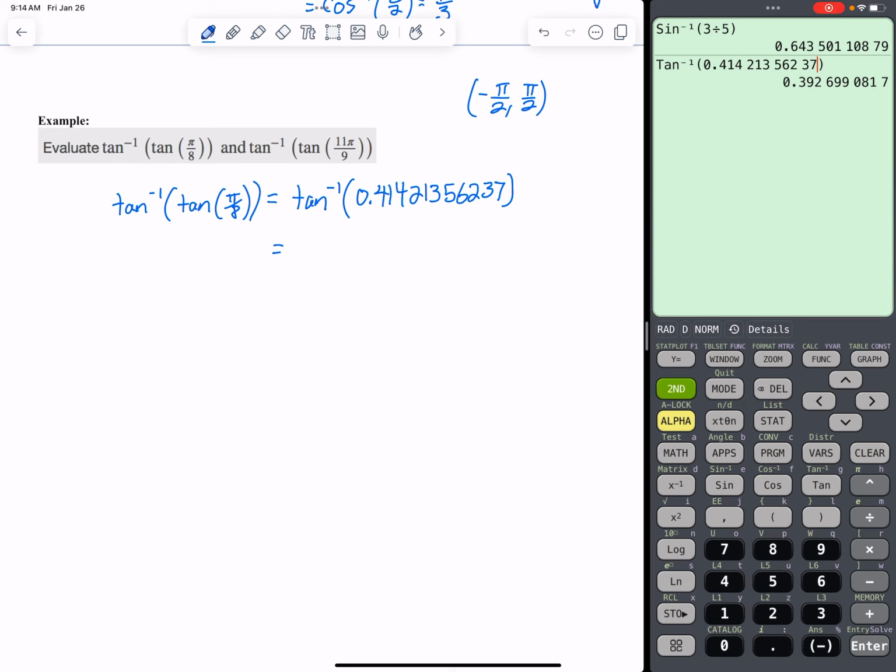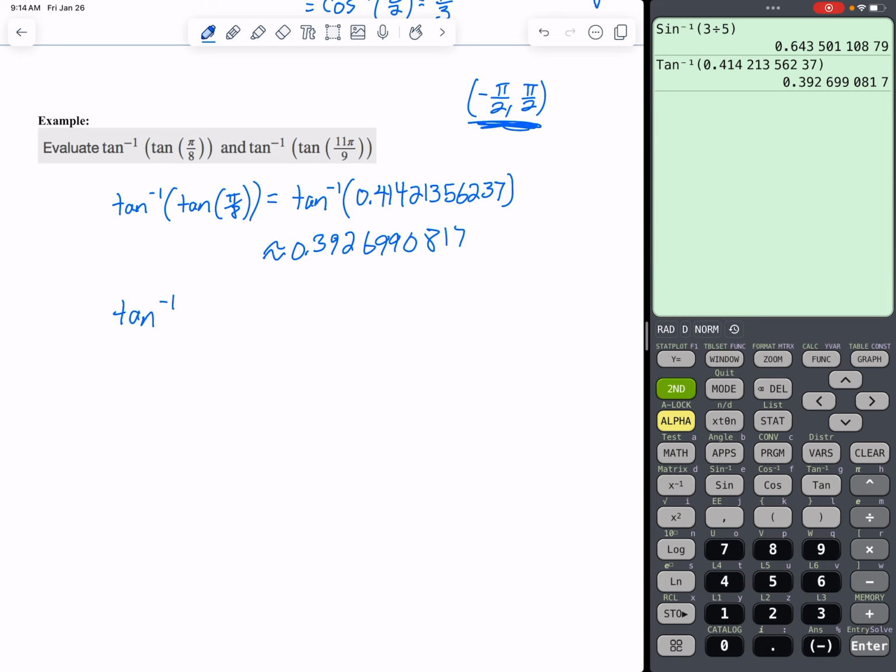So this tells me that this answer is roughly 0.3926990817. That lands in there, right? Pi over 2 is like 3 cut in half, so it's like 1.5-ish. So this lands me back in there. So we're all good.